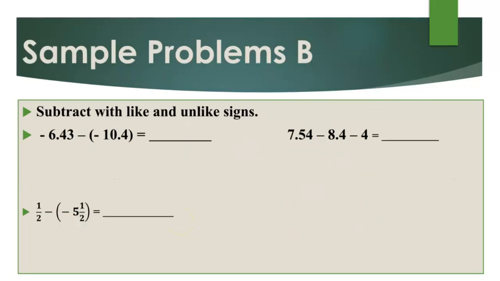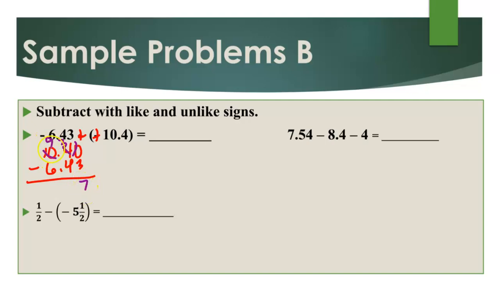Moving on to sample problems B, we're going to subtract like and unlike signs. So here we're going to add the opposite. And so I'm going to have 10.40 minus 6.43. Need to borrow. 10 minus 3 is 7.